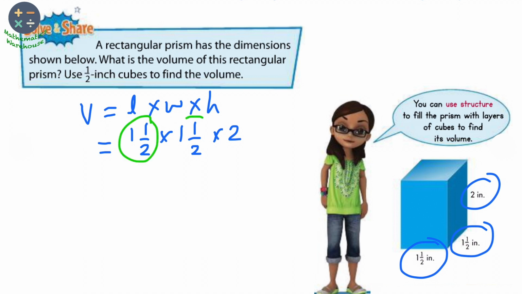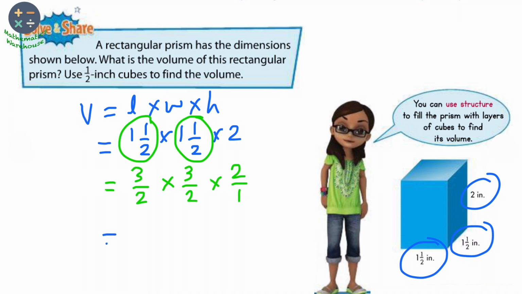We have two mixed numbers, so we're going to convert them into improper fraction form. 1 times 2 is 2 plus 1 is 3/2, times 3/2, times 2 over 1. Now we have all our fractions. So the product of those fractions equals a fraction.